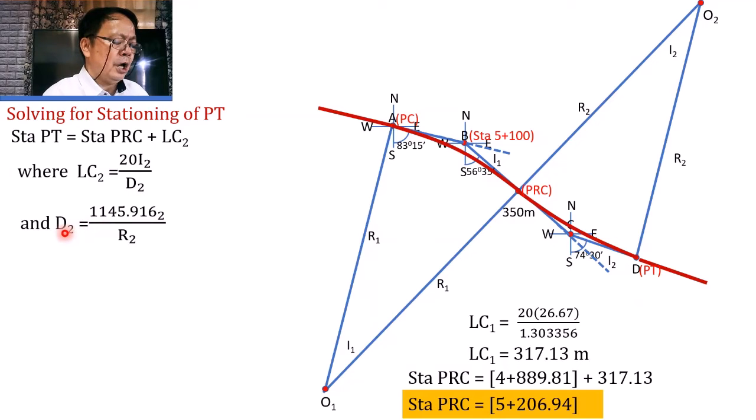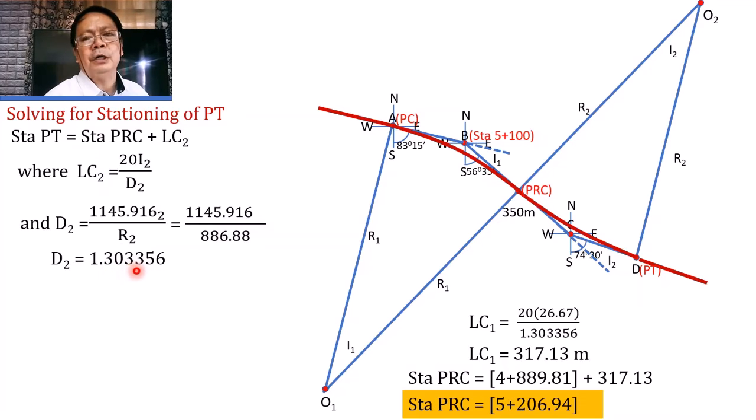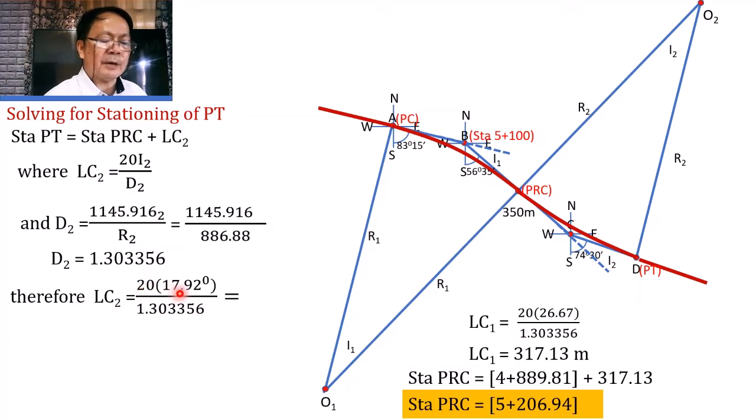Therefore, we can substitute the value where our D sub 2 will also be equal to 1.303356. If this is substituted here, we can find the length of the second curve to be 20 times 17.92 divided by 1.303356, which gives us a length equal to 274.93.